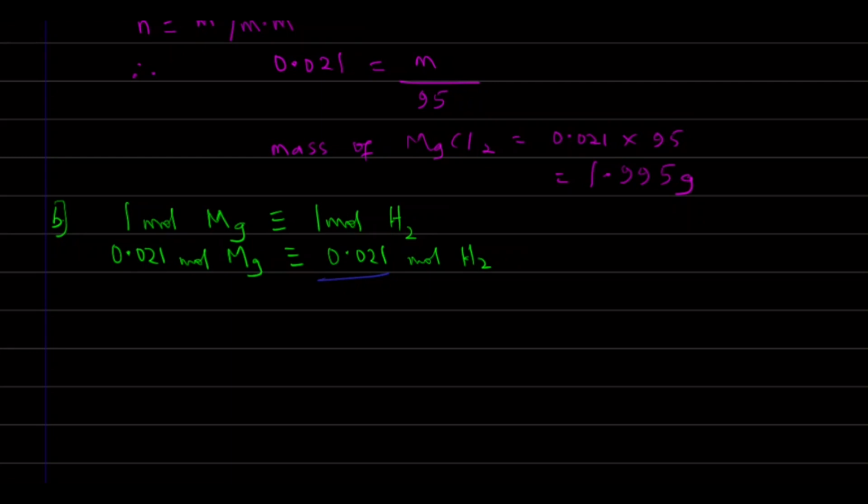We have discussed that the number of moles, in terms of volume, is the volume of the gas over the molar volume. Therefore, we can simply say that the number of moles of hydrogen gas we have calculated, 0.021, is equal to the volume of hydrogen gas over the molar volume.